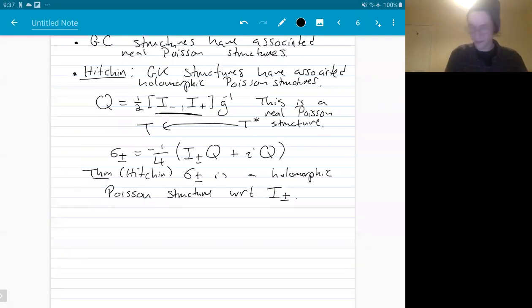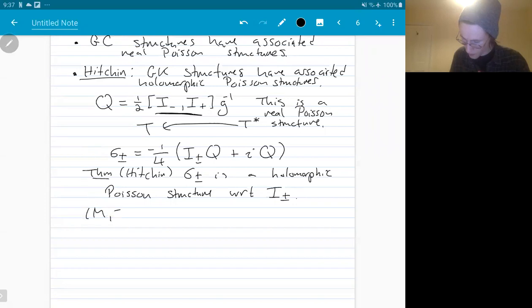So if we're in a Kähler case, this is not going to show up because I plus is equal to I minus. So in this case, the Poisson structure is 0. That's why we don't see any of this in the Kähler case. But when we move away from Kähler geometry to generalized Kähler, then we get this interesting Poisson geometry. And sigma plus and sigma minus can be different.